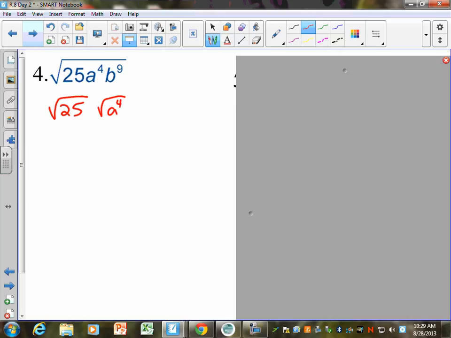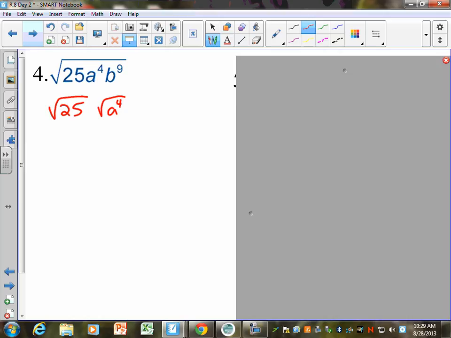What about b to the 9th? Can I take the square root of b to the 9th? I can, but I can't just work it out like, I can't just say 4 divided by 2 is 2, right? So you have to break that up into a perfect square and what's left over.